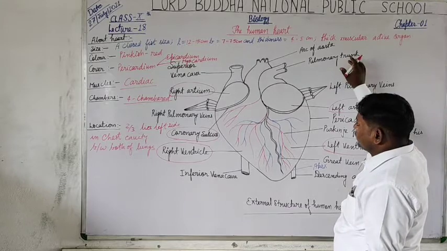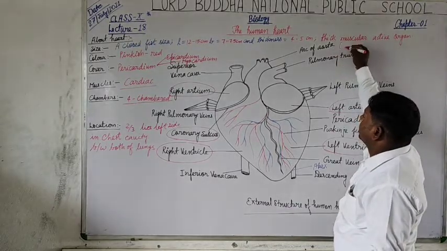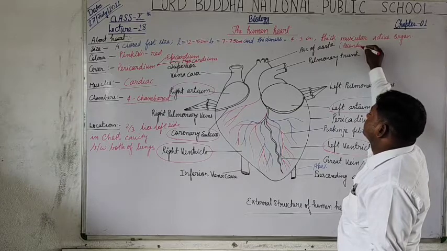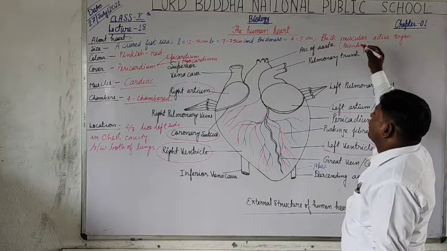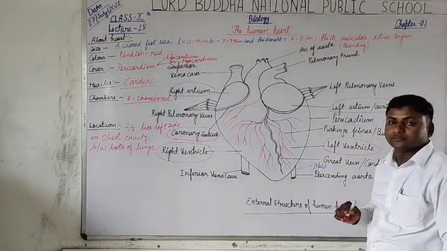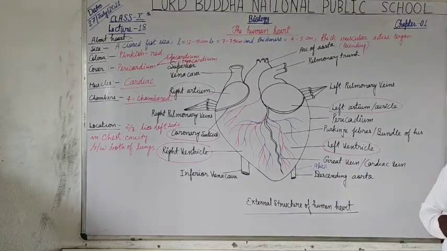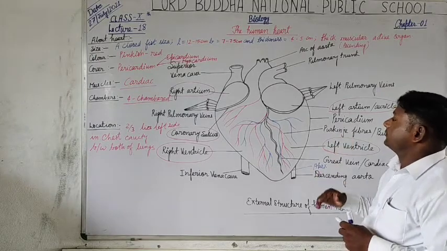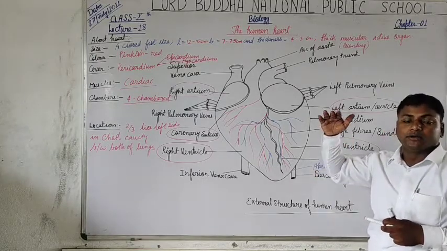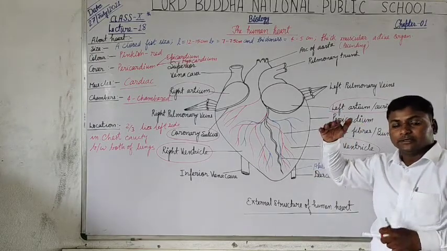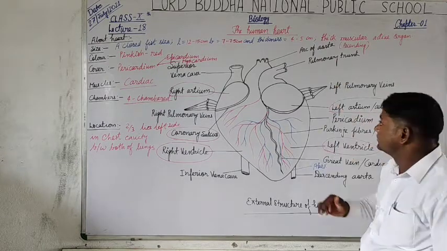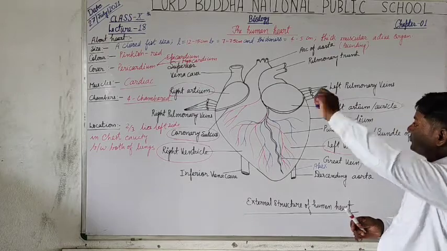And students, the arch of aorta is also called the ascending aorta, because it ascends, meaning it moves upward. It means the blood moves in an upward direction. Is that clear?